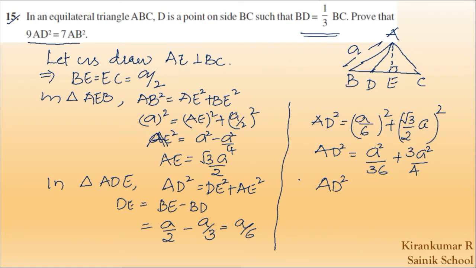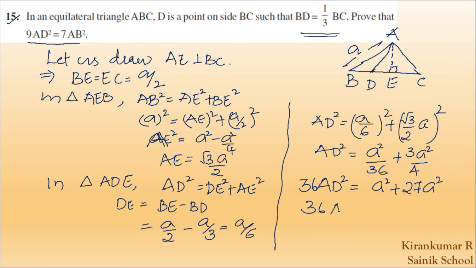Take the LCM and cross multiply. 36 times of AD square will be equal to A square plus 9 times, so we get 27 A square.